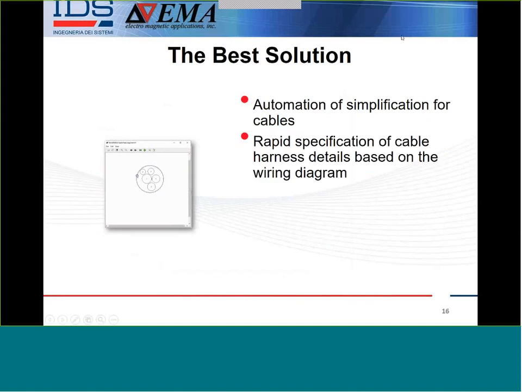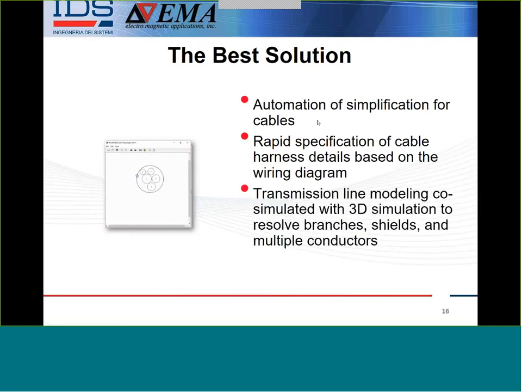Then we need a way to specify the interior details of the cable quickly just by reading off the wiring diagram. That allows the E3 person to quickly connect that wiring diagram, that's probably a PDF, to something that we have in CAD simulation software. So we streamline that flow, so something that takes weeks you can do in one day.